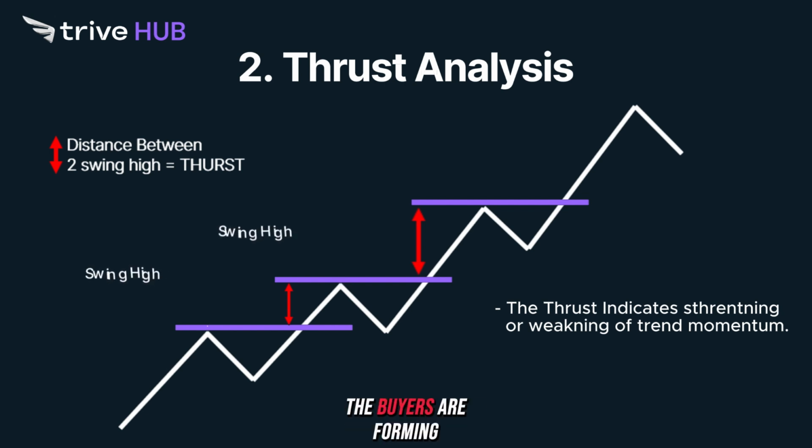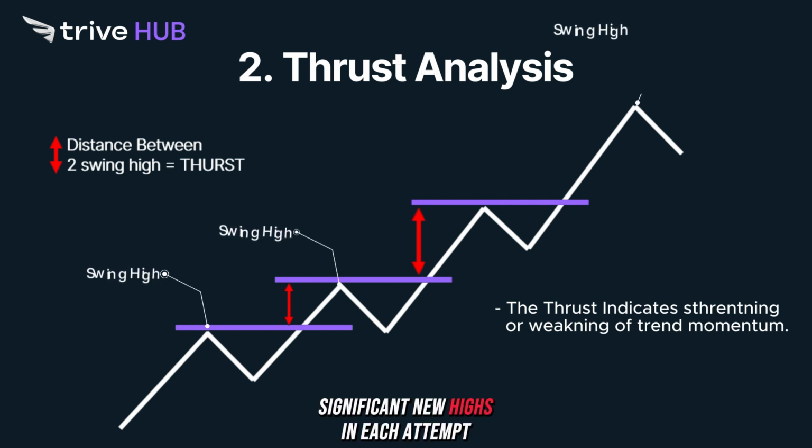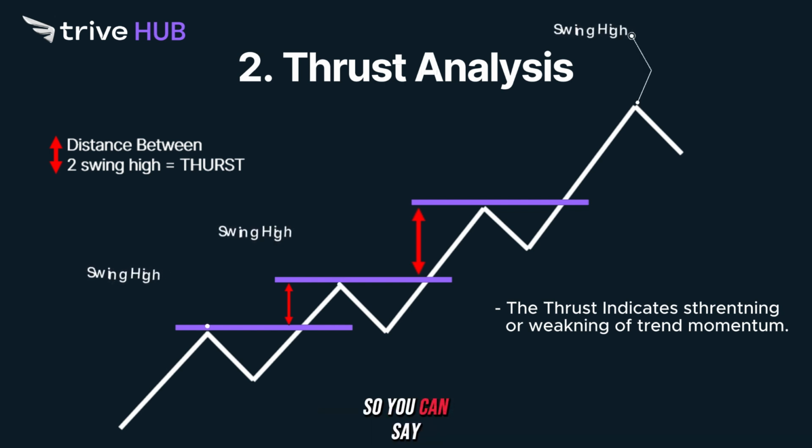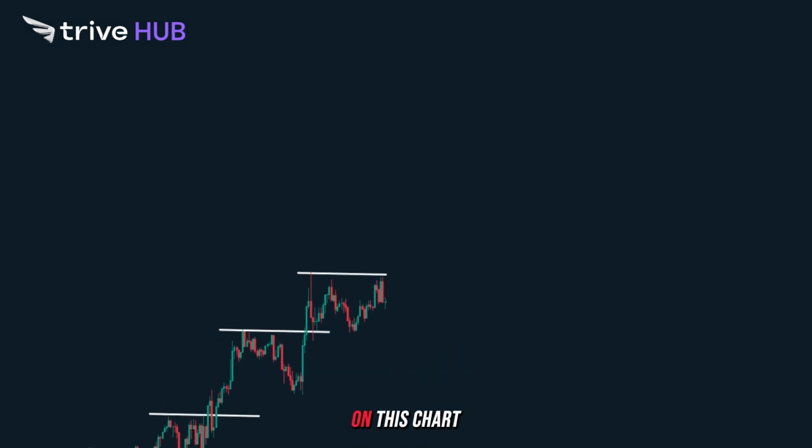The buyers are forming significant new highs in each attempt, so you can say the buyers have a lot of buying pressure and are overpowering the sellers.